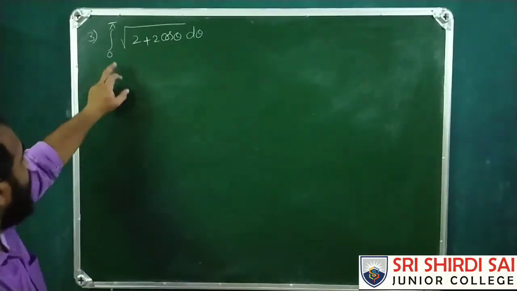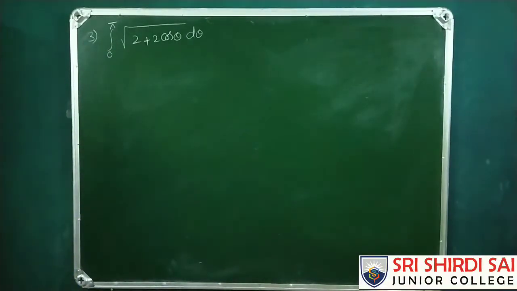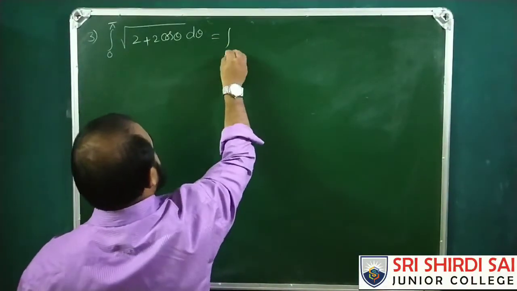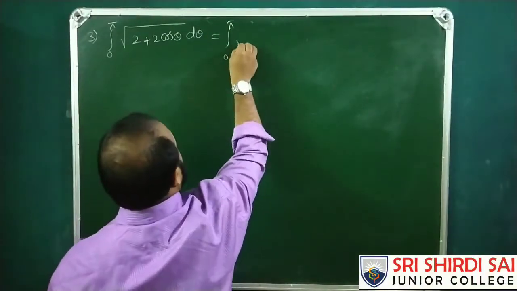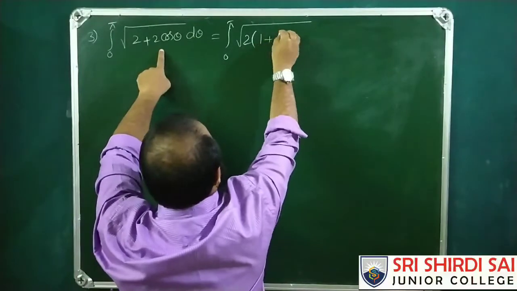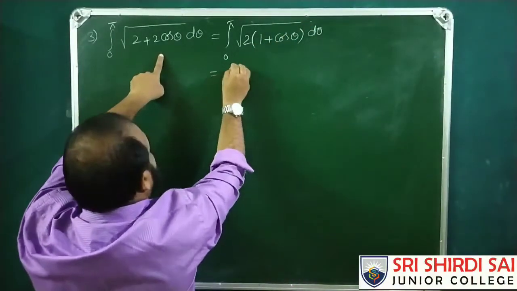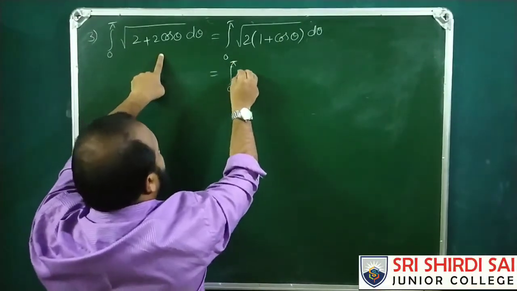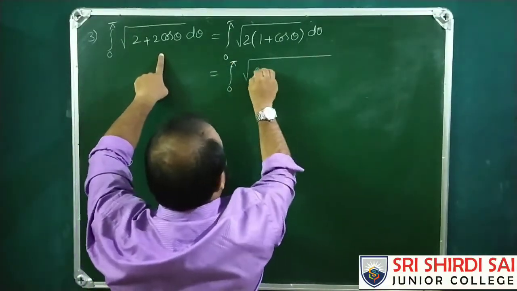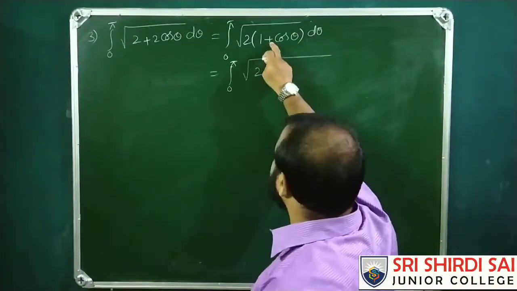Now the third question: integral 0 to pi root of 2 plus cos theta d theta. This is equal to 0 to pi square root of, taking 2 as a common factor, 1 plus cos theta d theta. So what is 1 plus cos 2 theta?